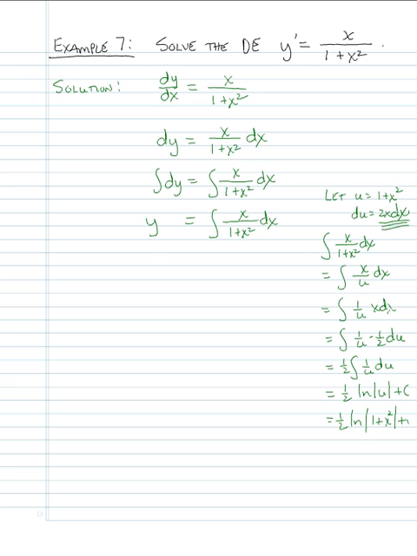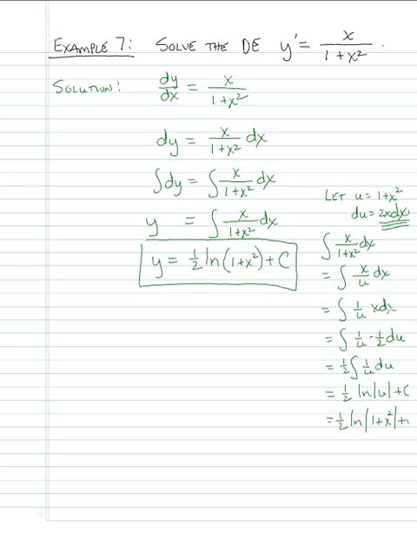So now what we've decided is what the right side is. And so the right side, after we do this integration, is 1/2 times the natural log of 1 plus x squared plus this constant of integration, which is the combination of the two constants that we got on each side.